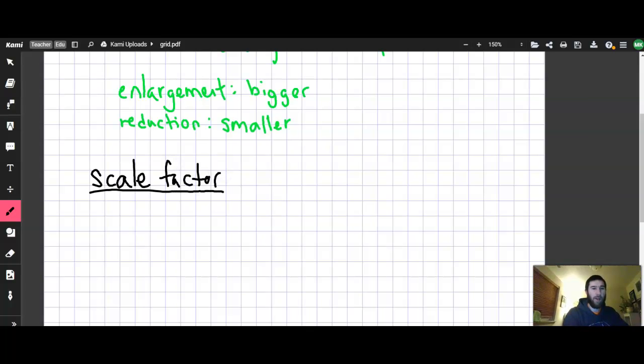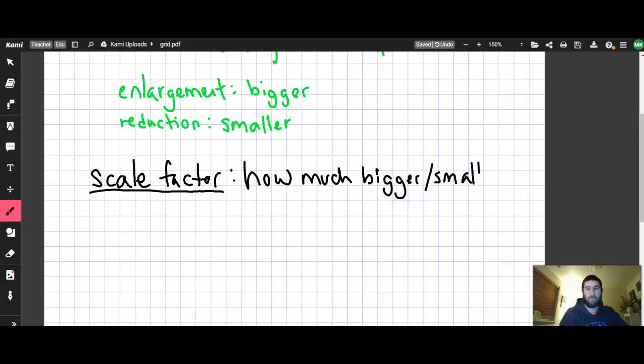And so the scale factor is how much bigger or smaller a shape is. And so it could be 2 times as big, or 3 times as big, or 4 times as big, or it could be half as big, or a third as big, or even some weird fractions like 3/4 as big.